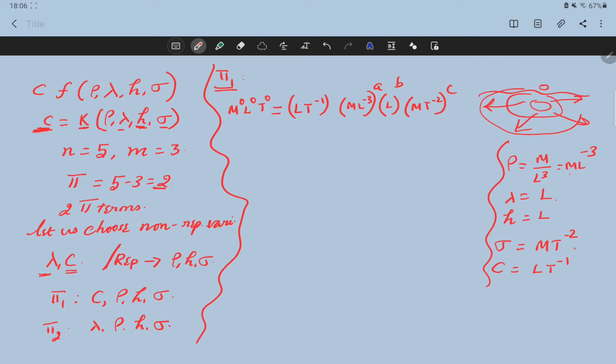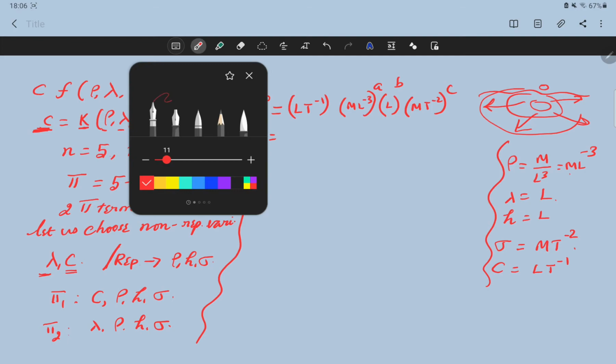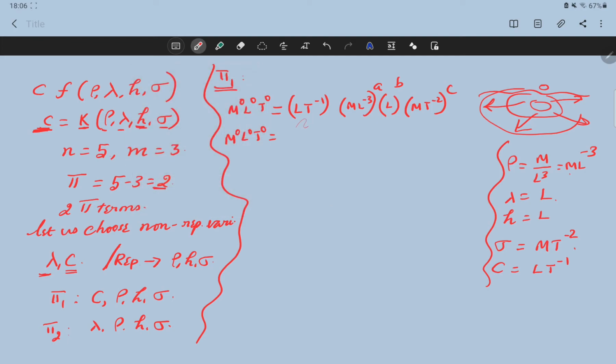So now let us just write this: m0 l0 t0 equals l t power minus 1 as it is, m power a, l power minus 3a, l power b, m power c, t power minus 2c. This is what I get.